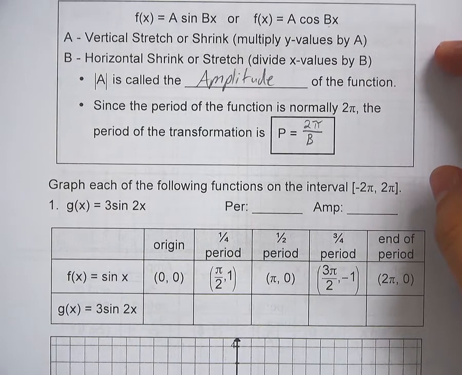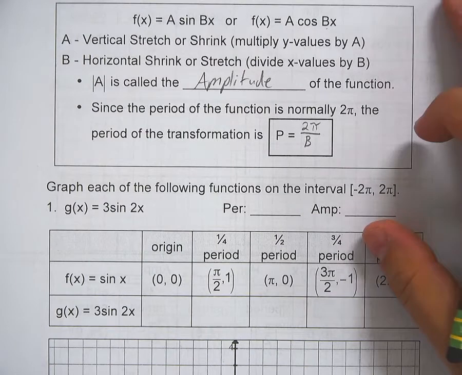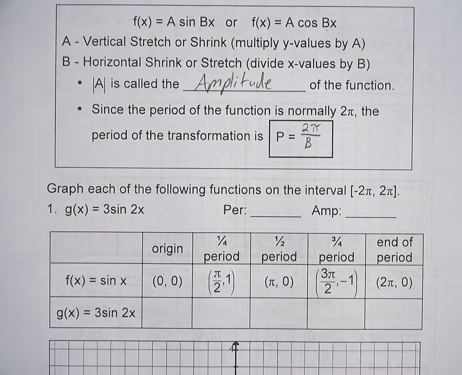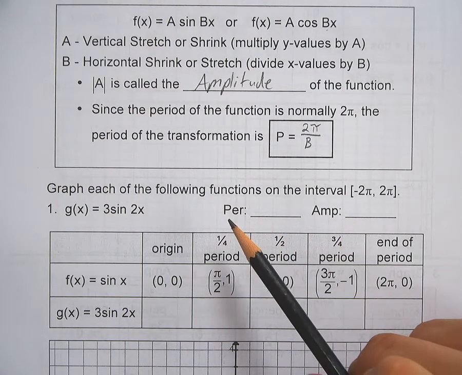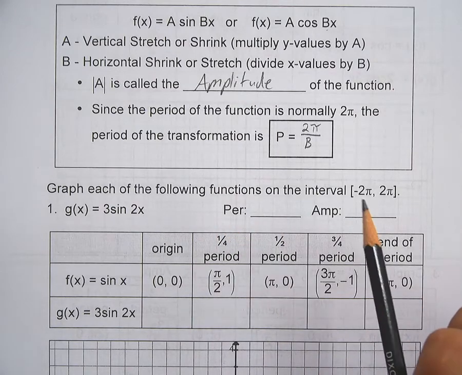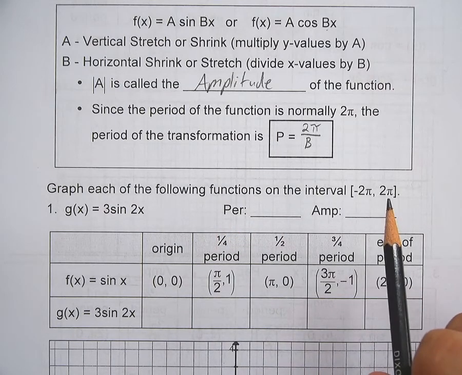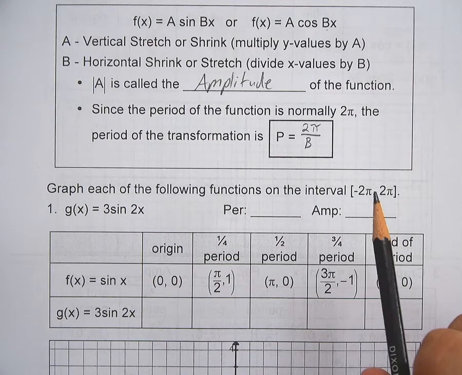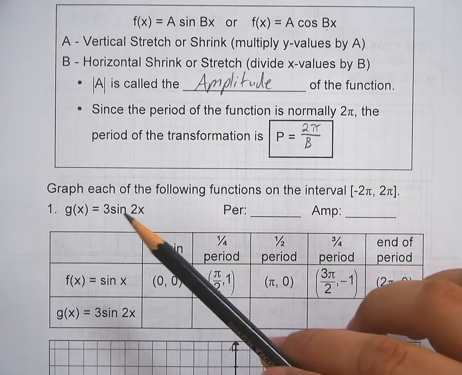So let's jump straight into one of these here. Number 1, I'm going to keep this box kind of visible for you. Number 1, it says g of x is 3 sine of 2x. And the first thing they want is the period. We're going to graph the following functions on the interval of negative 2 pi to 2 pi. All right, so first the period.